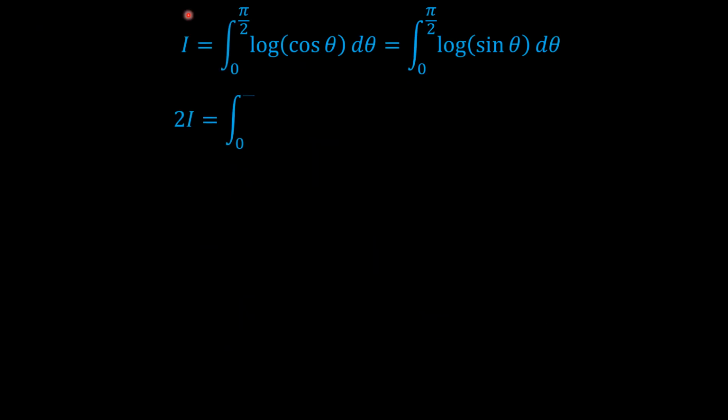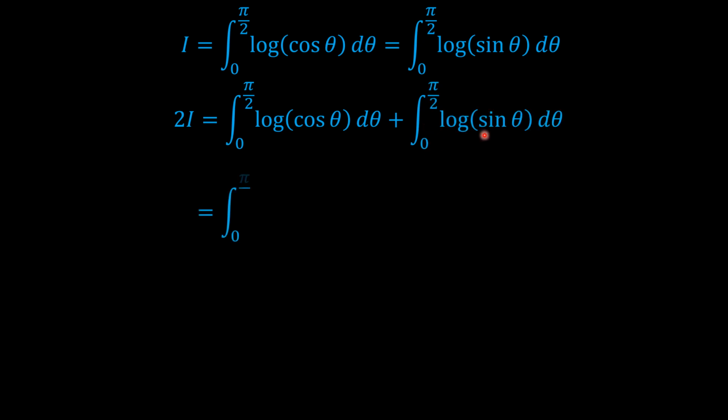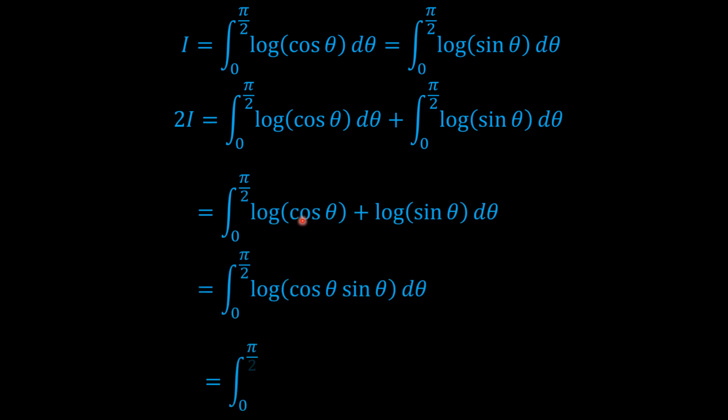And that means that twice of this is the same as the integral from 0 to pi over 2 of log cosine theta plus the integral from 0 to pi over 2 of log sine theta. Now adding them together means that we can multiply cosine theta and sine theta. So we have log of a half sine 2 theta, right?